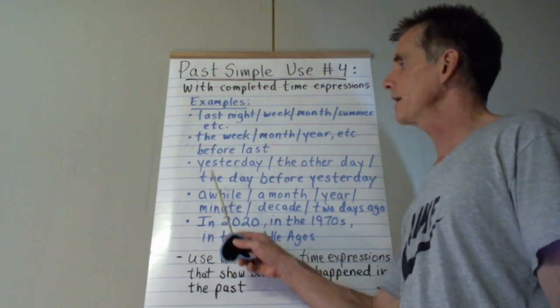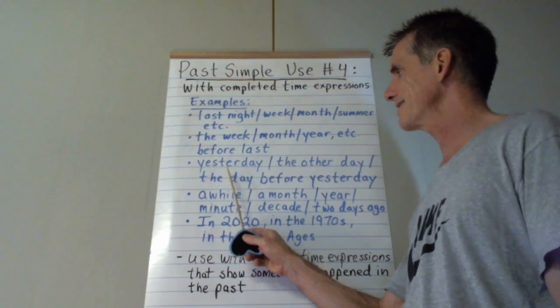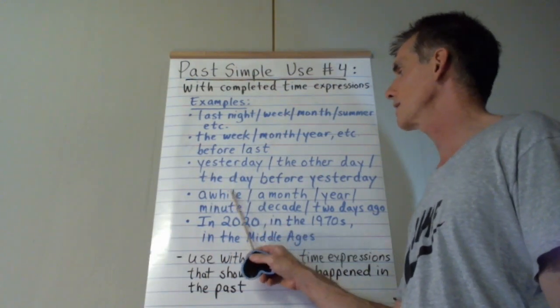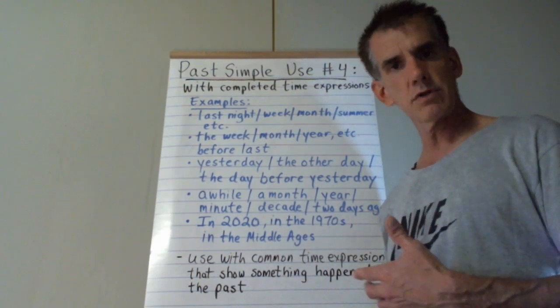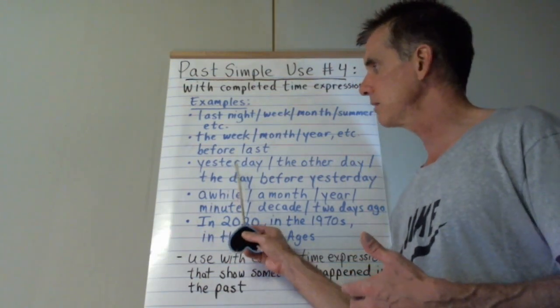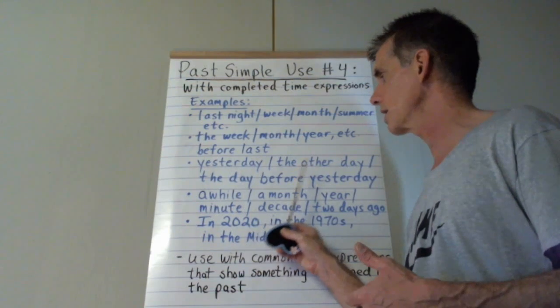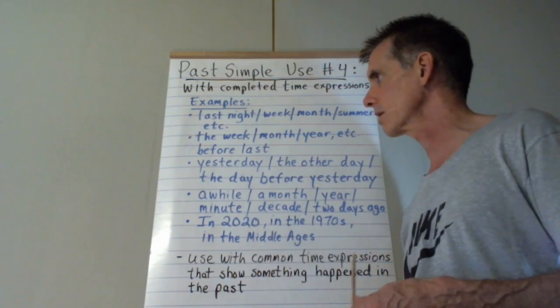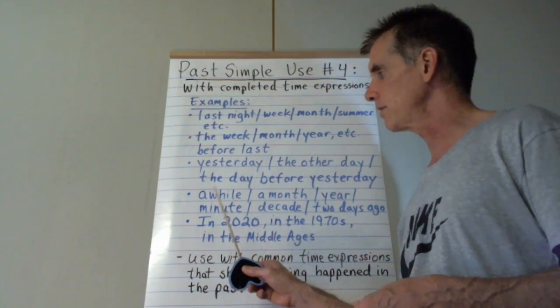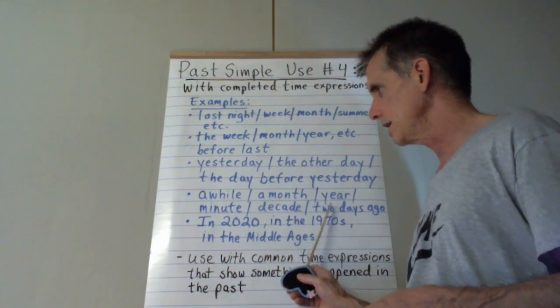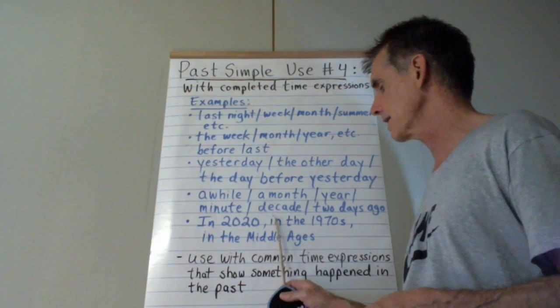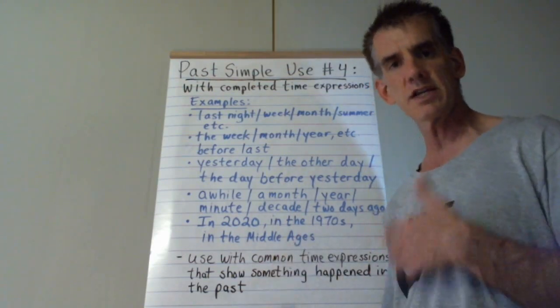And the next example is yesterday, the other day, the day before yesterday. So you're referring to things that happened in the past with these references: yesterday, the other day, the day before yesterday.